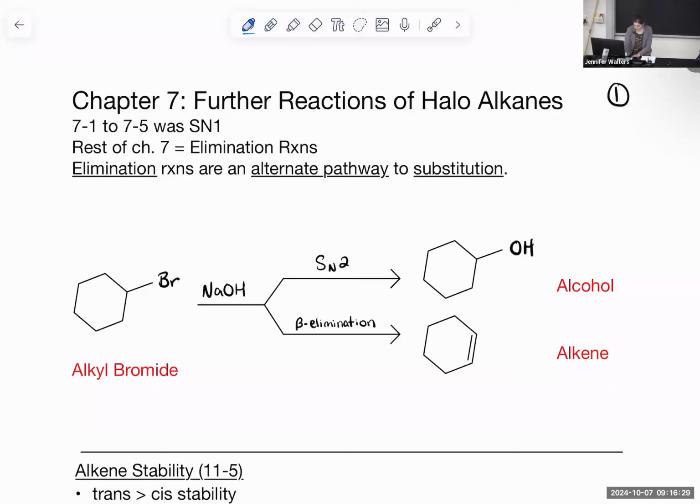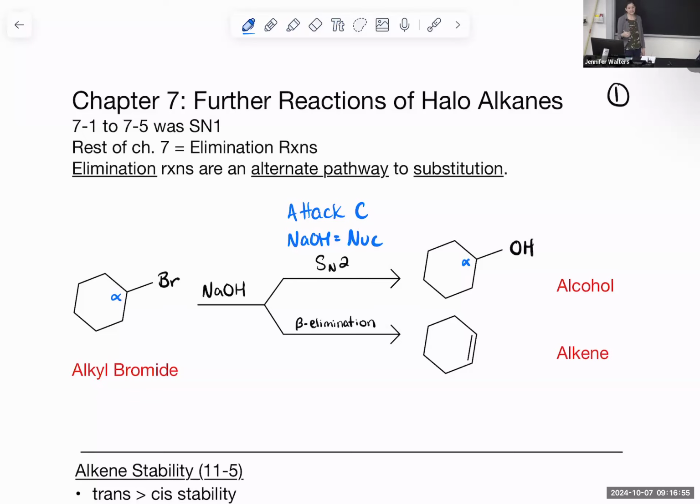That is where the sodium hydroxide is acting as a nucleophile, attacking the carbon. So that hydroxide acts as a nucleophile to attack the carbon. We end up with our new functional group on that alpha carbon.